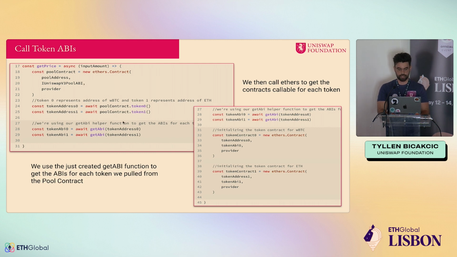When we're getting the ABIs for these token addresses that we just got from our pool contract, we use that to now instantiate new ethers contracts for the specific token contracts. So now that we have wrapped BTC individually and ETH individually, we have ABIs we can now access in those contracts to get additional information as well.